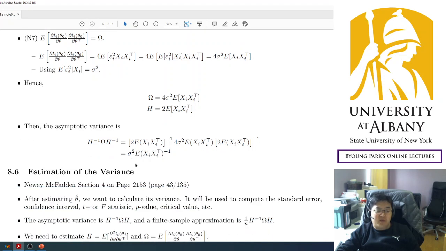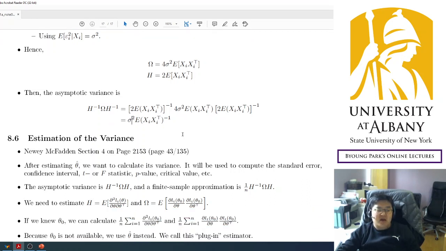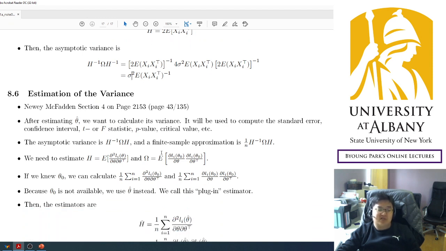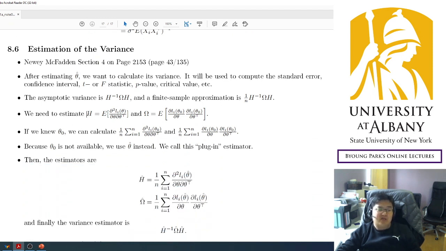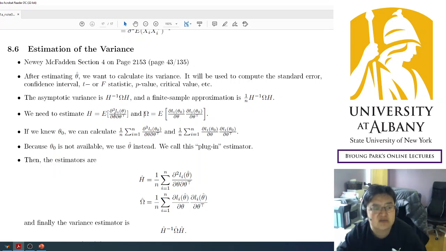Therefore, we have to think about estimating the variance. For the estimation of the variance, we consider the general form again. We know that we need to estimate H and omega, and H and omega depend on the first and second derivatives. So the derivatives do not cause any problem.